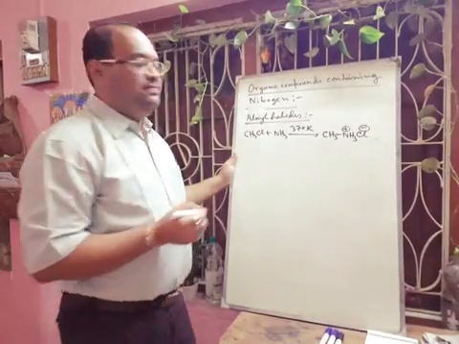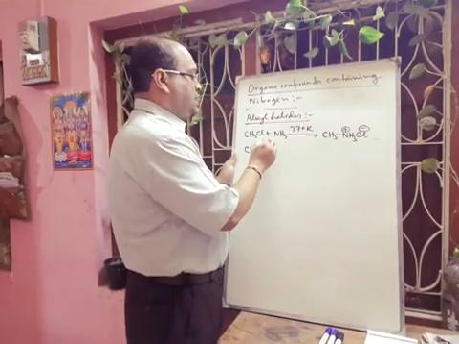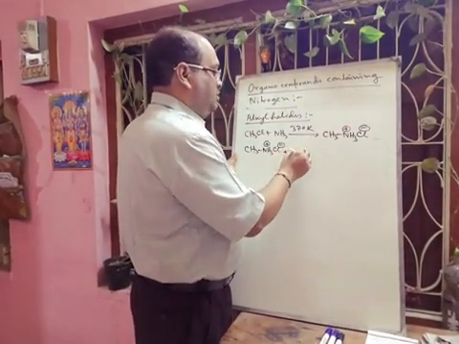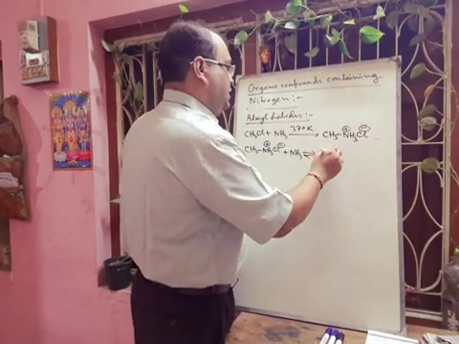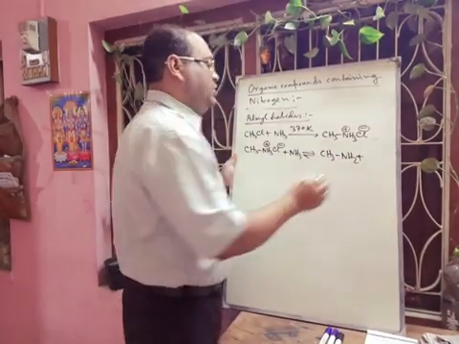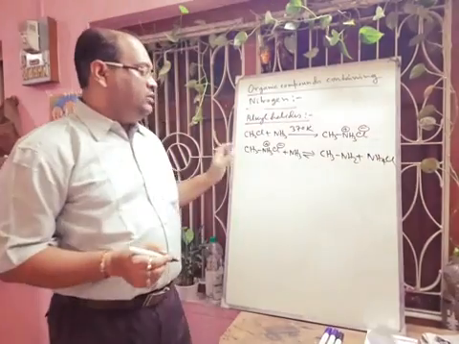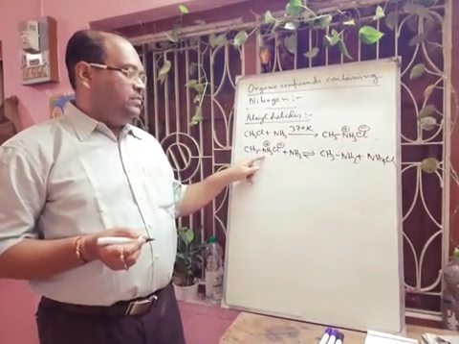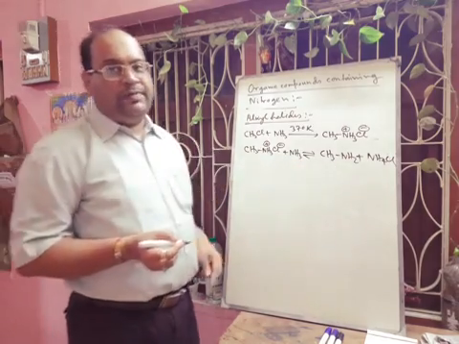In the next step, this CH3NH3+ Cl- will react with another molecule of ammonia, and this is a reversible process, and you will get the primary amine, and there will be formation of ammonium chloride. So in this way we have to deprotonate this salt by using ammonia. So you can understand, in this way we can prepare the 1 degree amine.